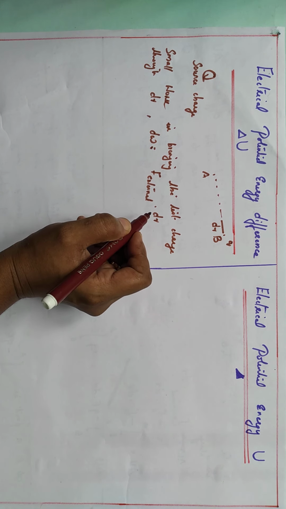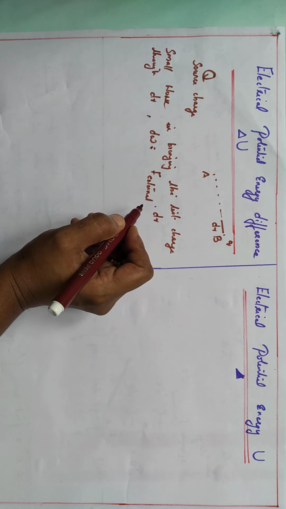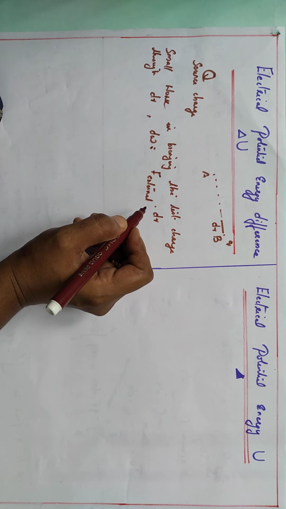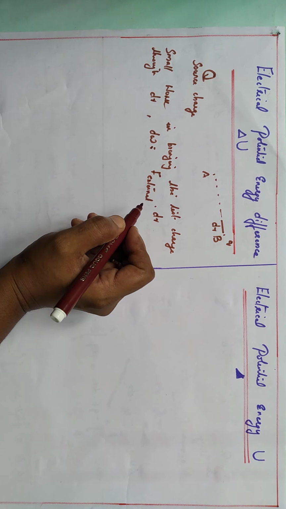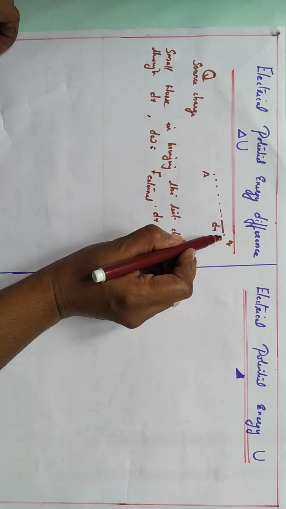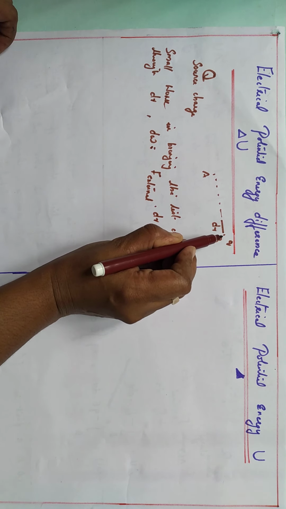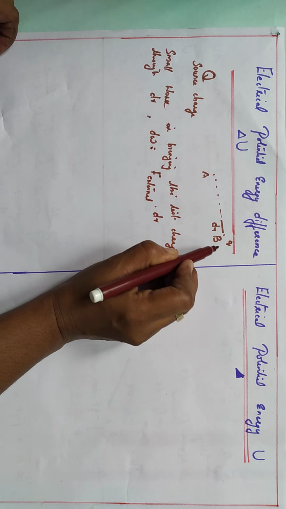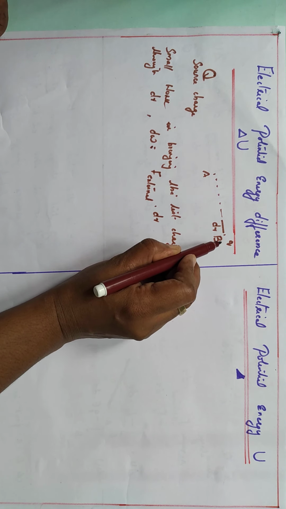And we know that the external force is opposite to the electrostatic force. So here the electrostatic force is repulsion and the external force is equal and opposite, because the tendency of the external force is bringing the charge towards the point, and the tendency of the electrostatic force is repulsion.